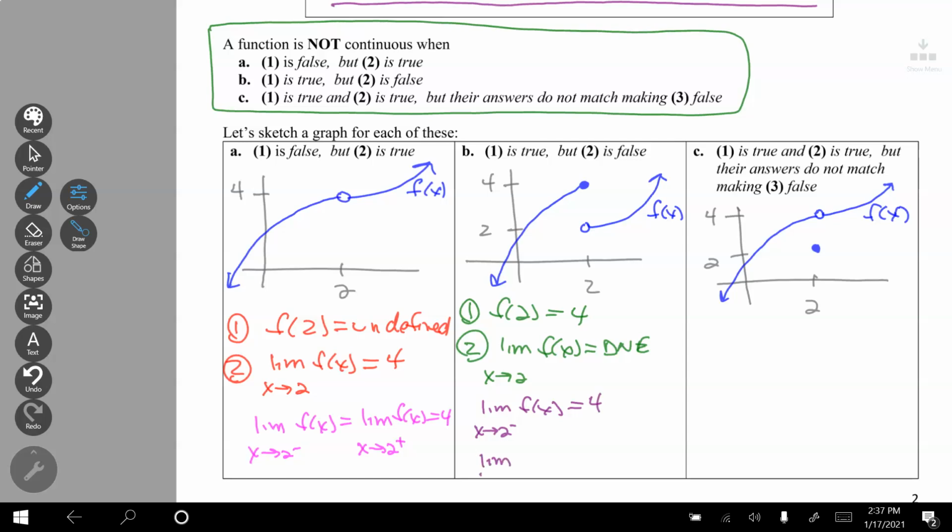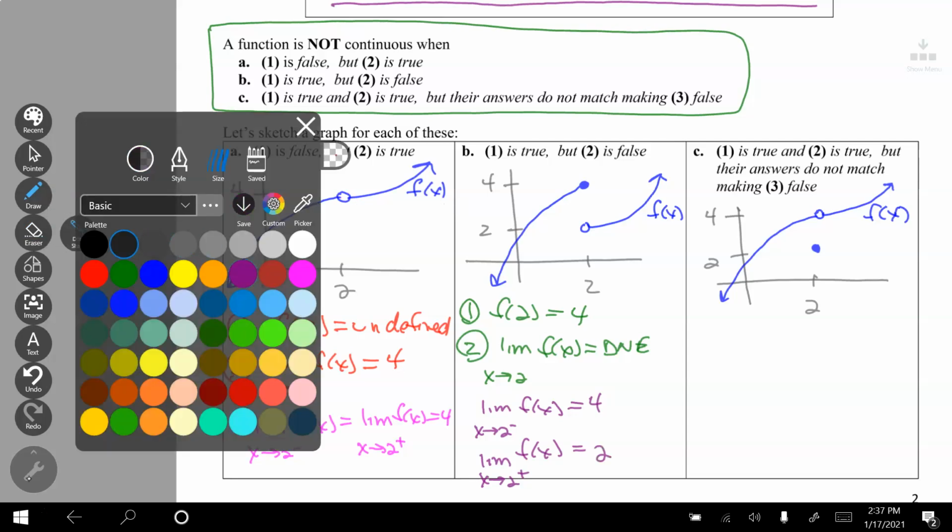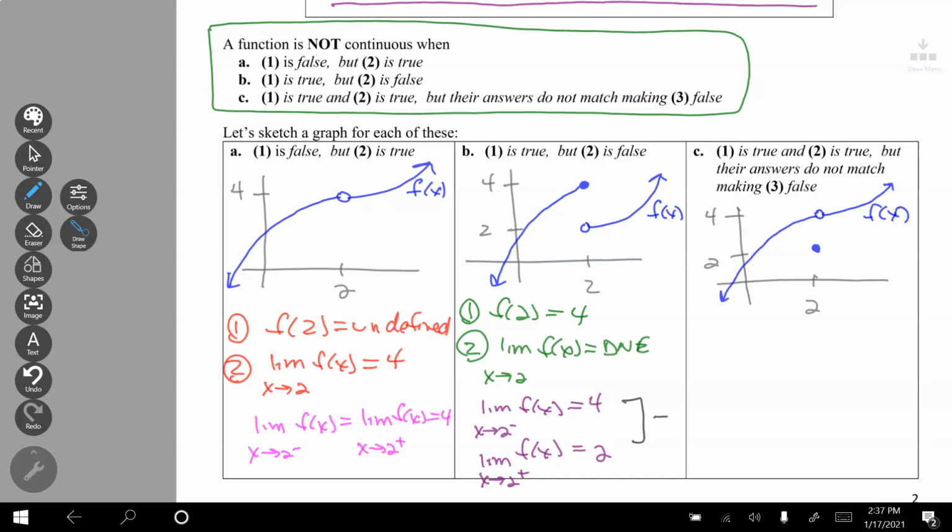And the limit as x approaches 2 from the right side of this function, it stops at 2. That side is equal to 2. And since these do not equal each other, that's why the limit in general is DNE.